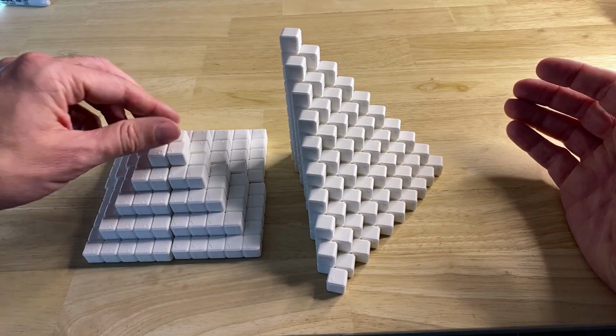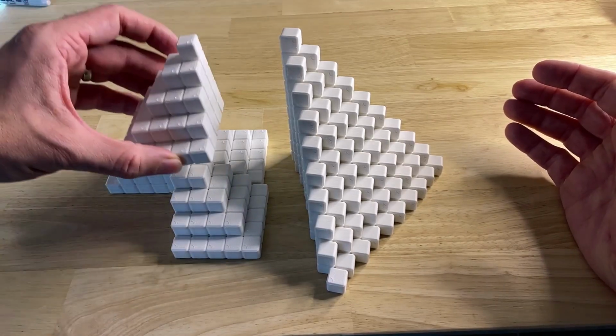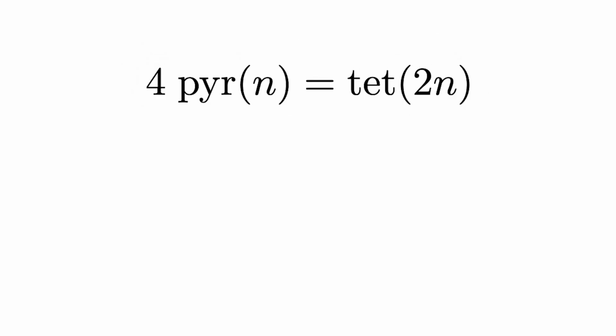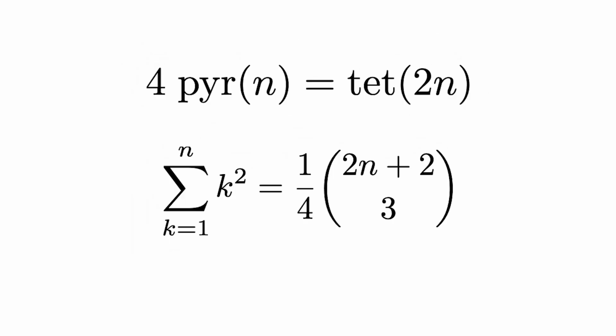This new tetrahedron is twice the height of the original pyramid. This gives us a new closed form. It says that pyramid of size n is going to be 1/4 a tetrahedron of size 2n, or can be written out as shown here.